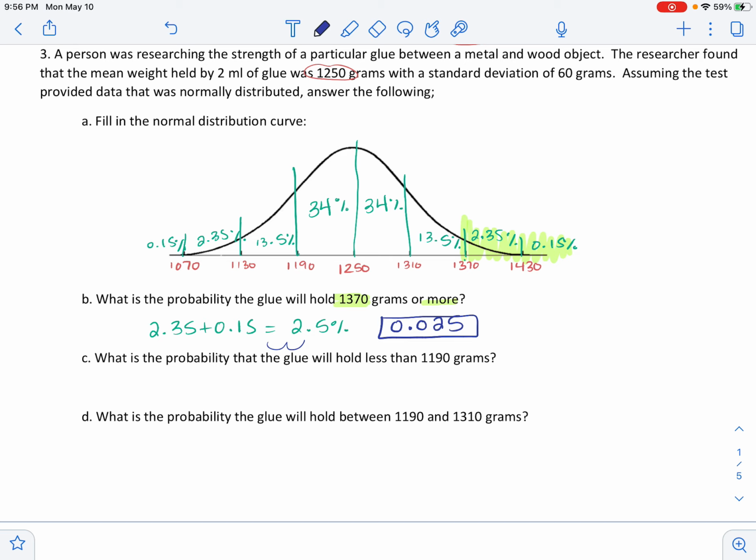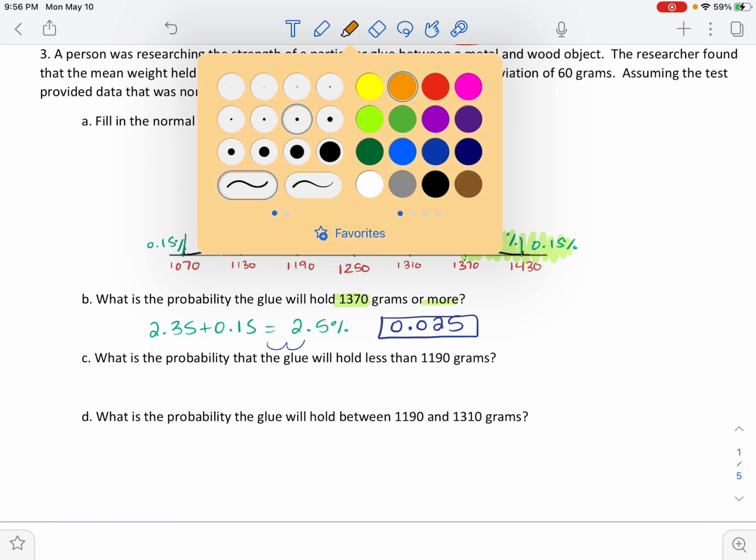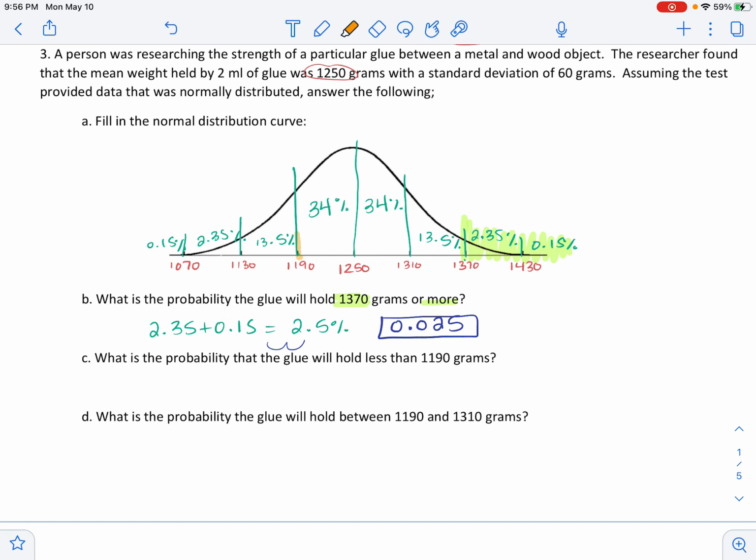All right, C says, what is the probability that the glue will hold less than 1,190 grams? All right, so we want to find 1,190. So here it is right here. And then this question asks for less than. So I need everything less than this value.